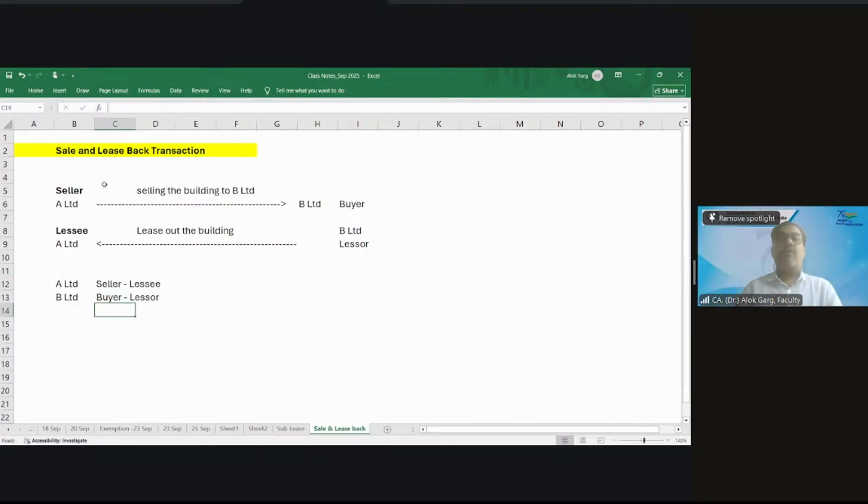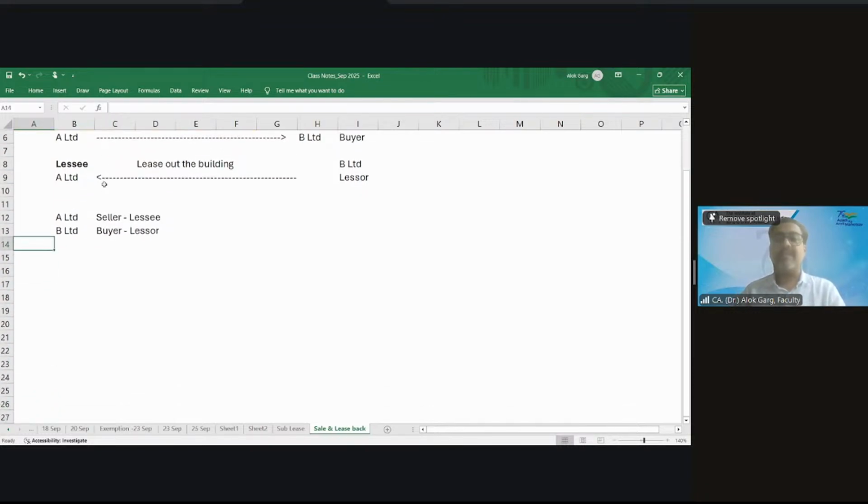Now, what is the accounting? We'll discuss with a small example, then we'll discuss a detailed question from the ICAI study material. Let's say number 1, the seller has not transferred the control to the buyer. Like I told you, all the controls are with the seller only.